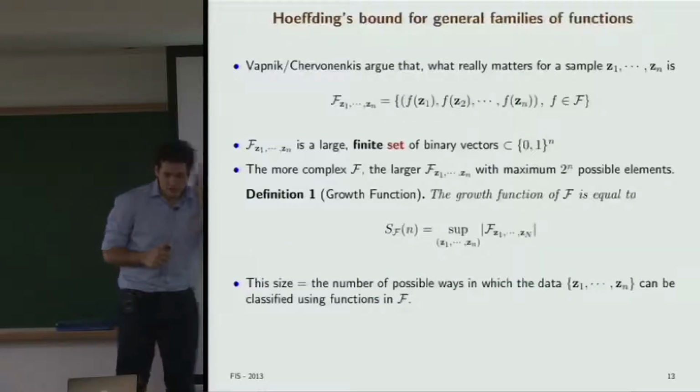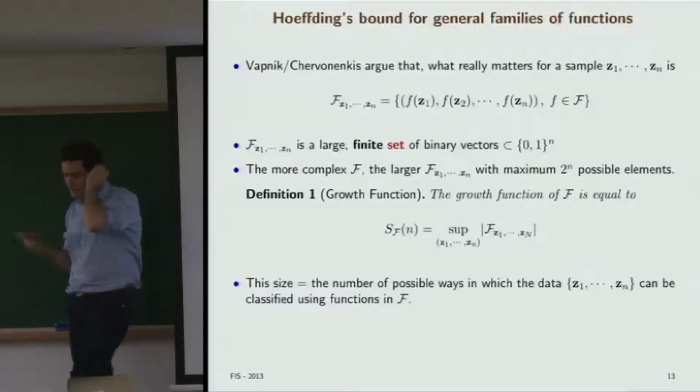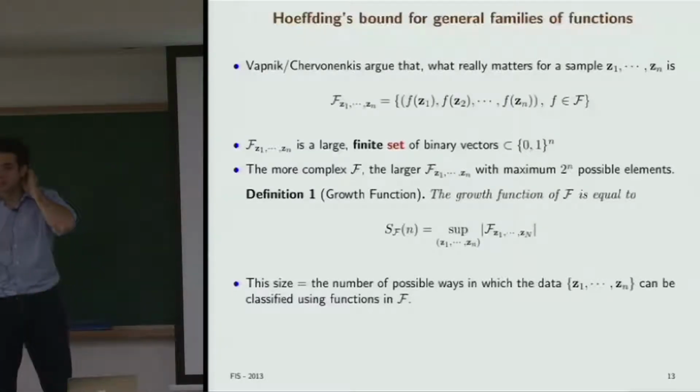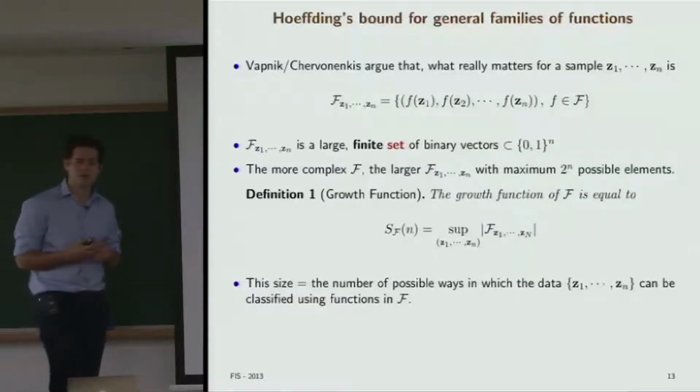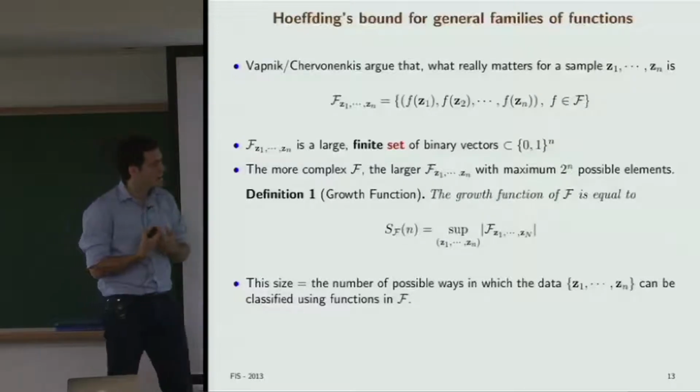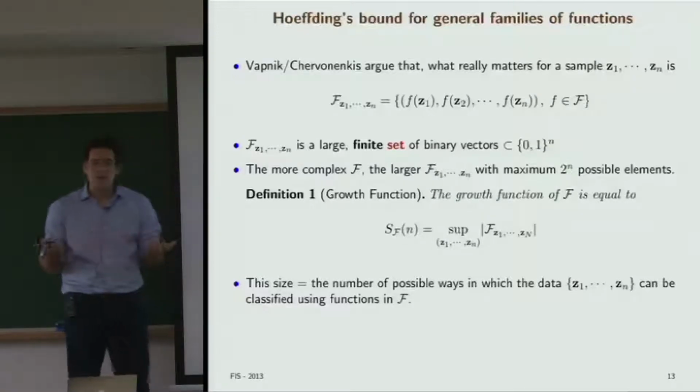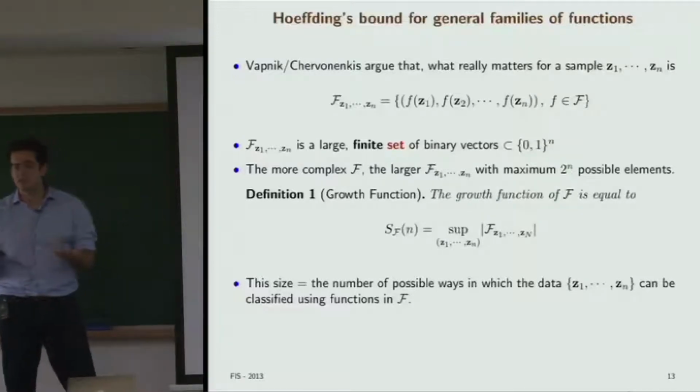So here is when Vapnik and Chervonenkis came up with an idea which actually gives a different direction to prove such bounds. And this applies for infinite sets of functions, infinite and continuous sets of functions.